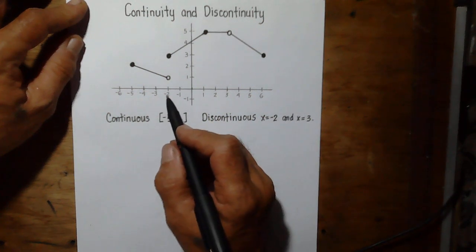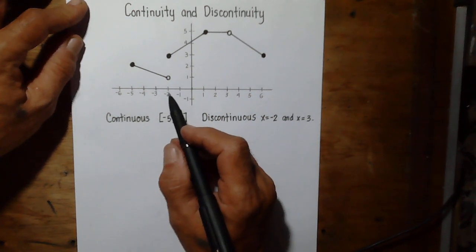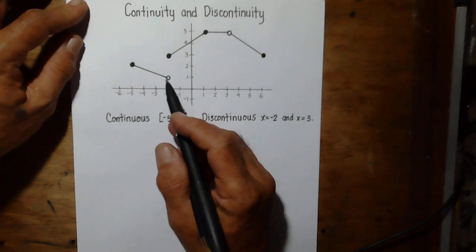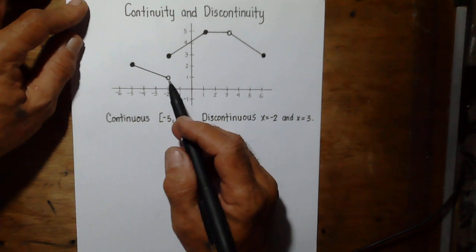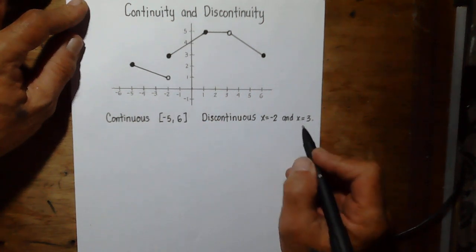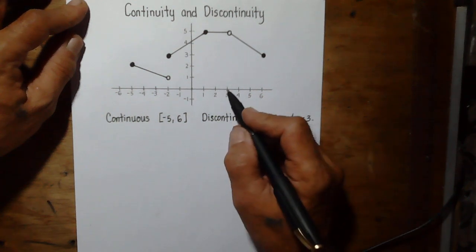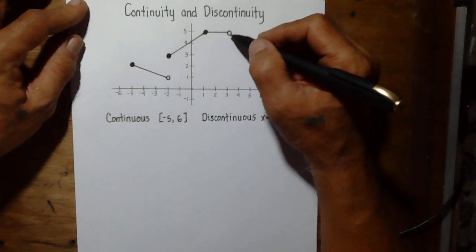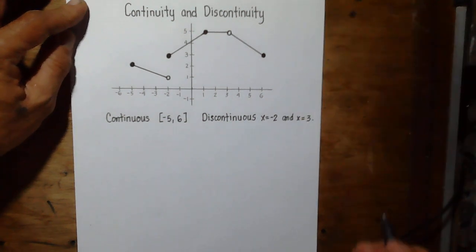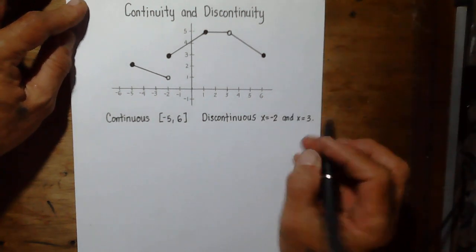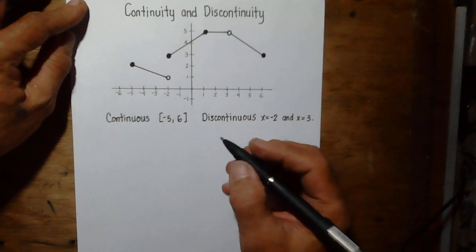Here is the -2, and the function is discontinuous there because we see an unshaded circle here, right? And at x equals +3, where is that? Because we also see an unshaded circle here. Okay, now we prove the continuity of this function.